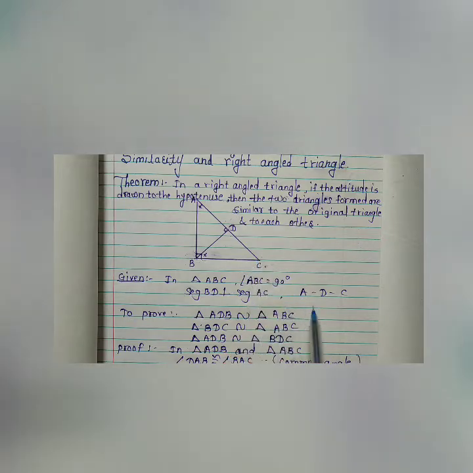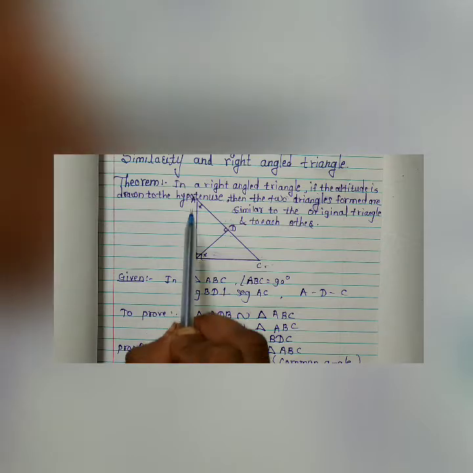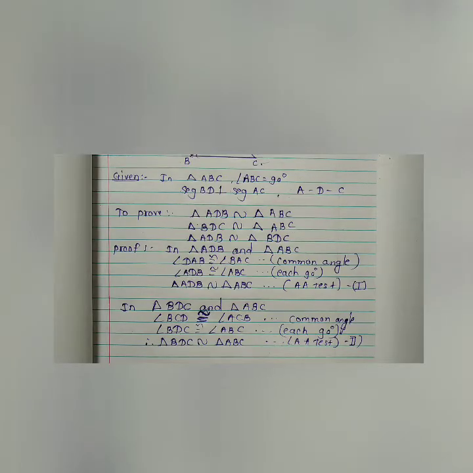Angle C is the common angle again, and the measurement of angle D is 90 degrees and angle B is also 90 degrees, meaning angle ABC is 90 degrees and angle BDC is also 90 degrees, and again by AA test these two triangles are similar.